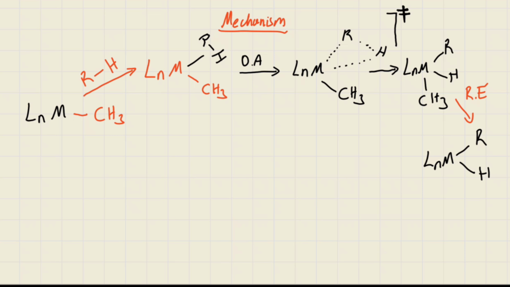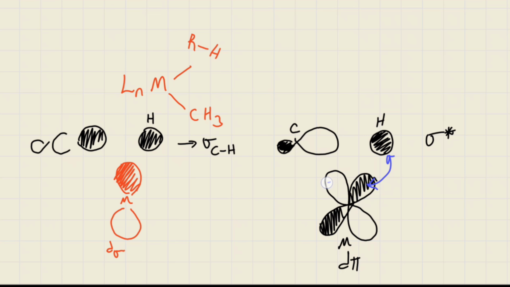And I want to also write the sigma star of this bond. We can write it very easily. So we have a carbon center, the phase will change, and this is the sigma star interaction, and again we have a metal bond, and this is d pi, and this is the metal center, and an interaction can occur between the d pi and the sigma star of the CH bond.